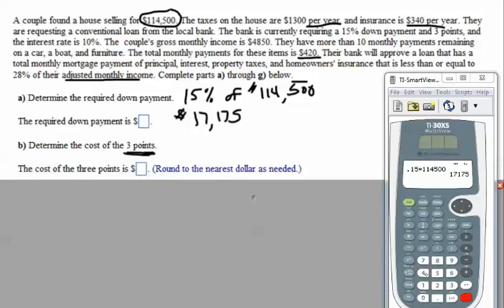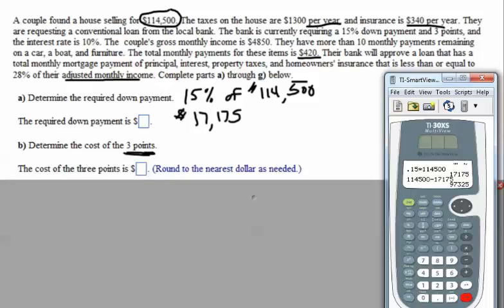So if we go back to our calculator, remember the selling price was $114,500, and we want to subtract $17,175 that we're going to pay at closing. So the mortgage amount is $97,325.